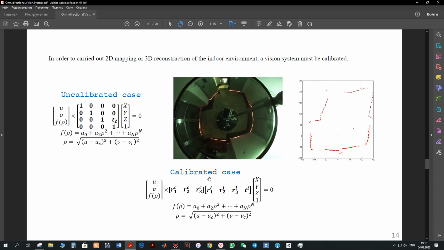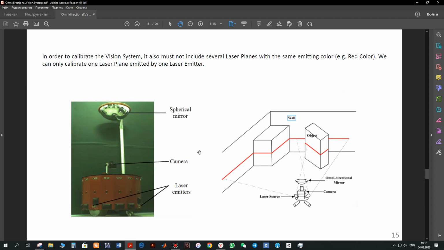Also, in this example, several laser planes were considered, and in order to make a calibration, the vision system must not include several laser emitters with the same emitting color, for example, red color.